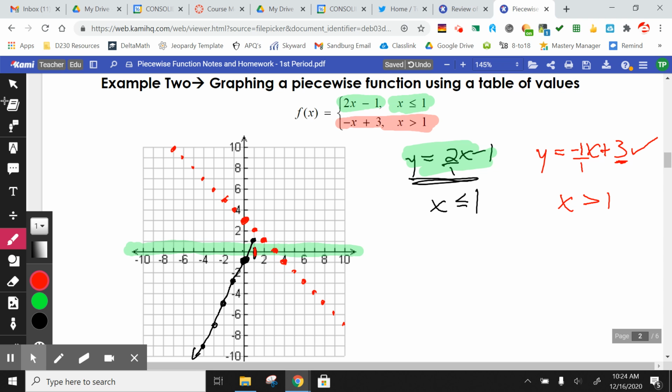So does this one, and this one, and this one, and this one, and this one. We then want to connect all of these guys because these are all the x values that are greater than 1. All the dots over here, the x values on these are not greater than 1, so we really don't want those there.